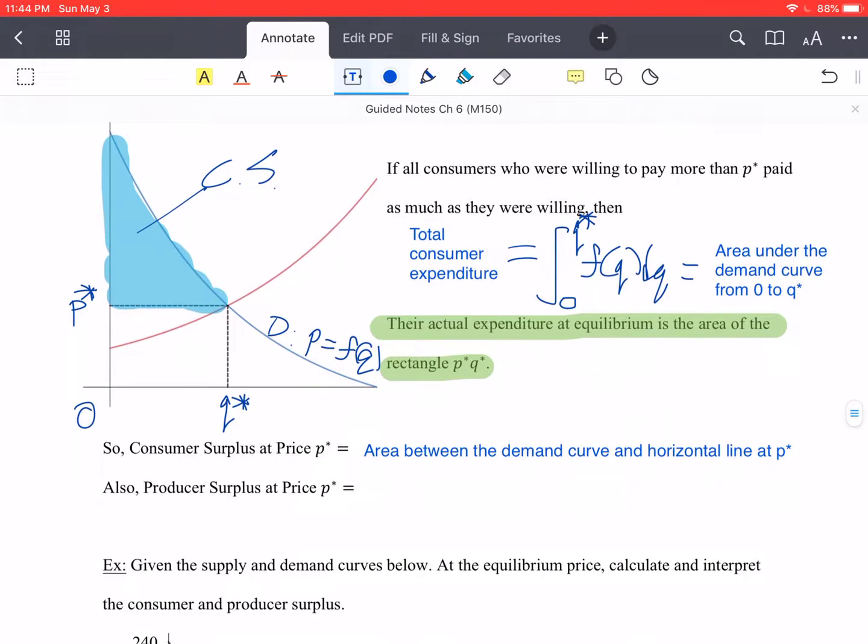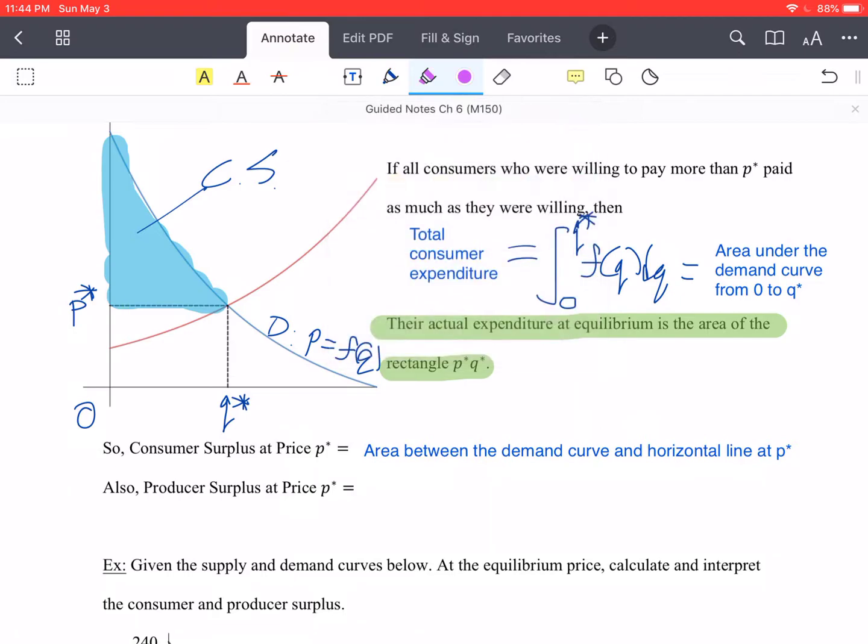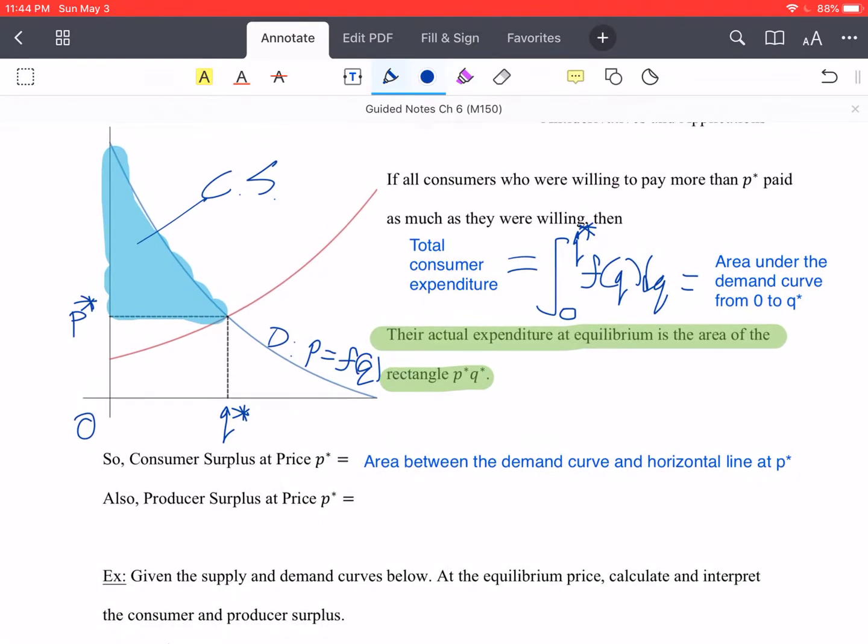And then producer surplus, by a similar token. The amount that they're currently charging is based on the supply curve. So this is our supply curve. That's going to be P equals G of Q. That's the total amount that they are making now, at equilibrium.